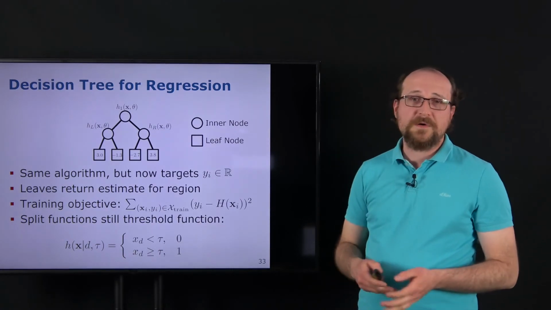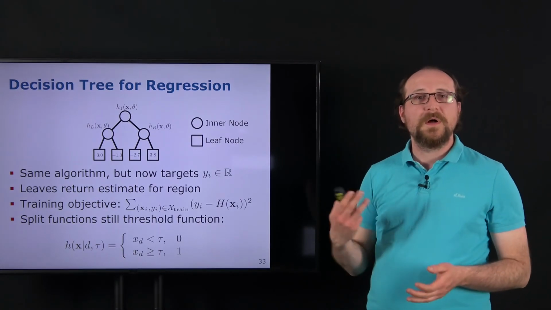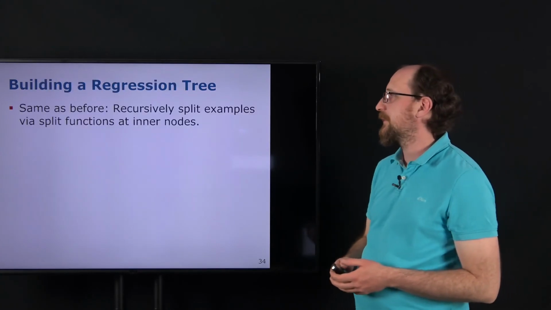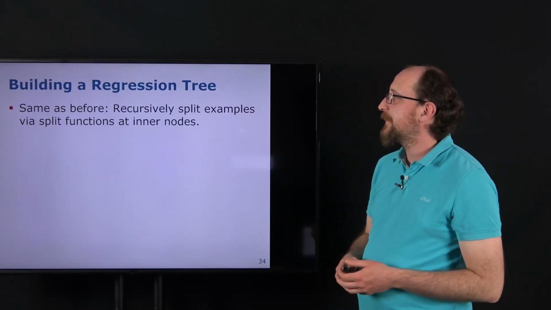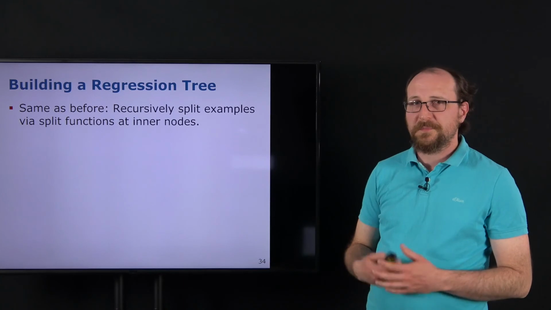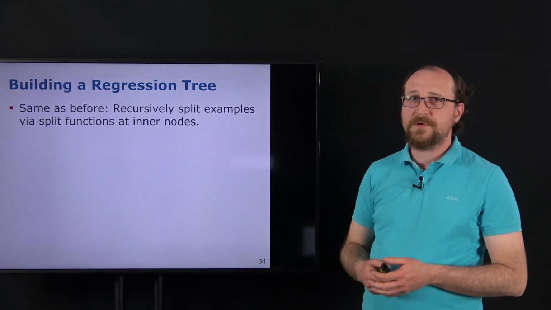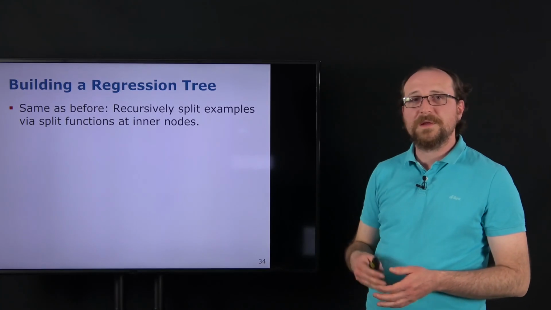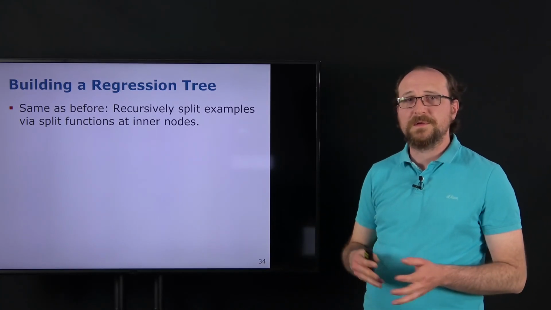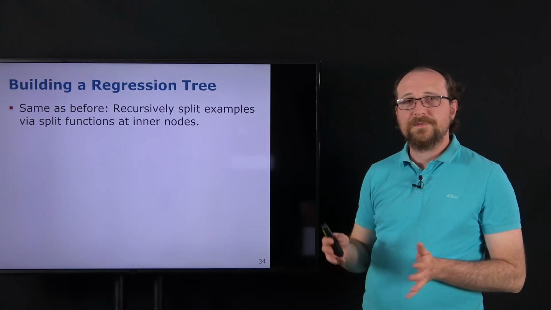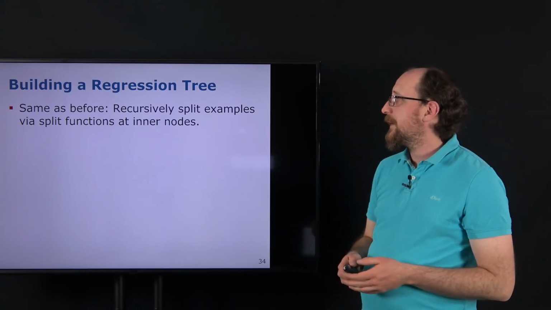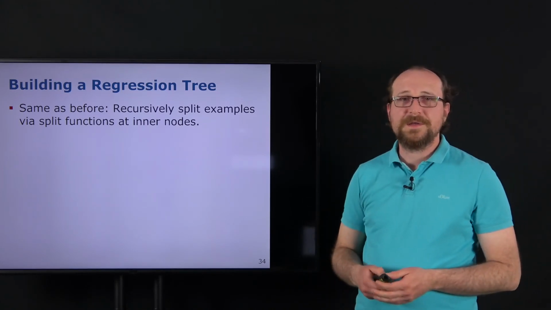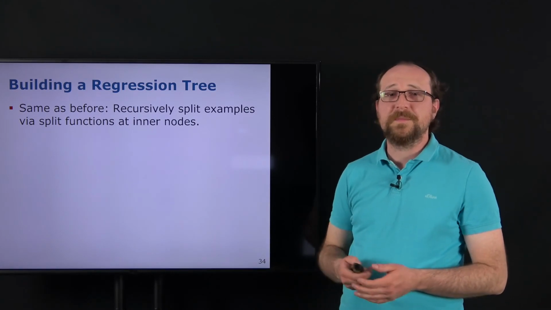But of course, we have to change a little bit to make the regression work. As I said, building the tree is just the same as before. We are passing in the data, going through the tree and splitting the samples up into different parts. Then we have to determine the quality of the split.